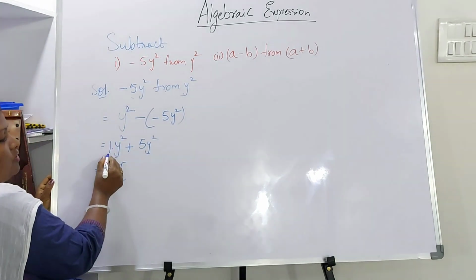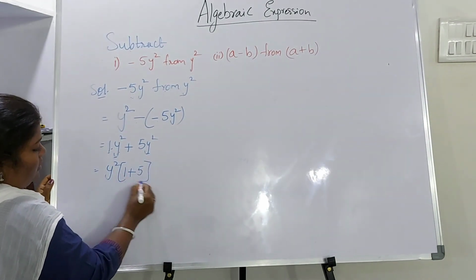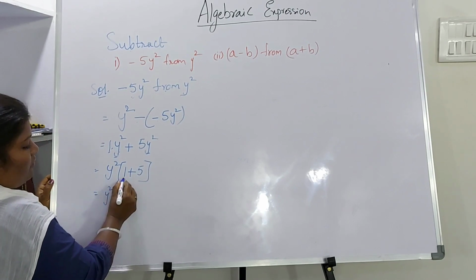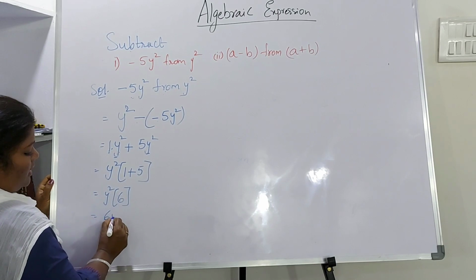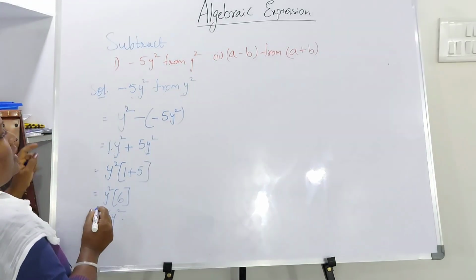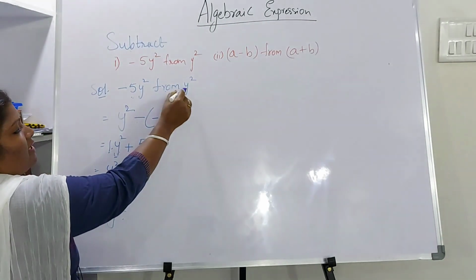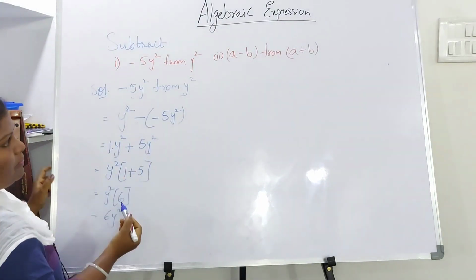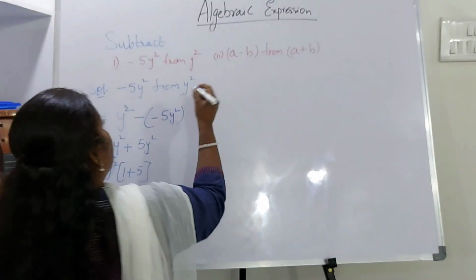Now what is the coefficient of y square? It is 1 plus 5, which is 6. So that is 6y square. Now remember, whenever it is given from y square, the second term should come first and then you have to subtract.